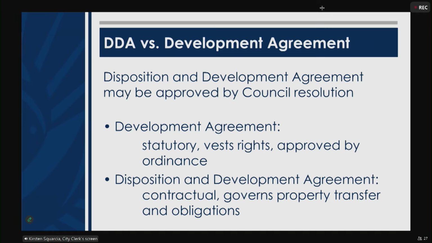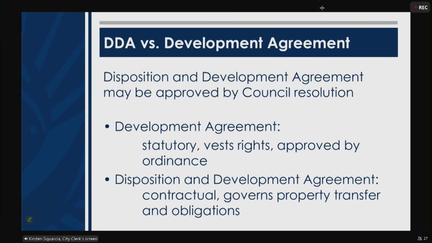Historically, a DA was created to allow developers to have land use regulations they could rely on during the whole lifetime of the project. Typically, in a real estate and housing development context, you would see a DDA, which is not a statutory document.